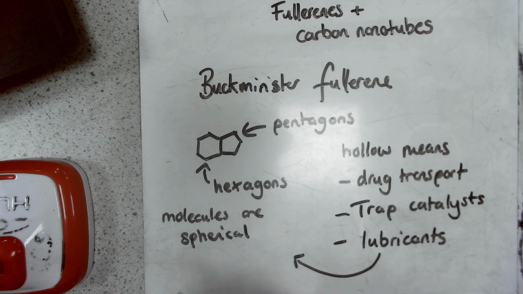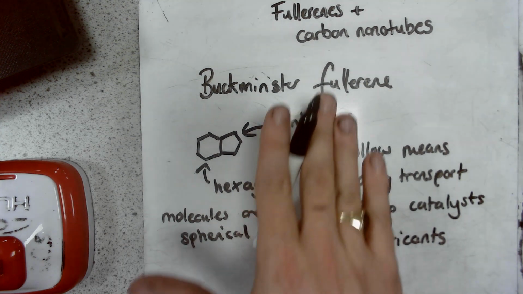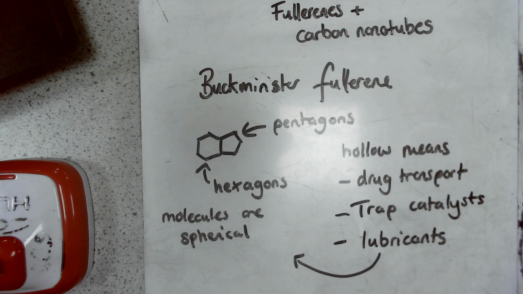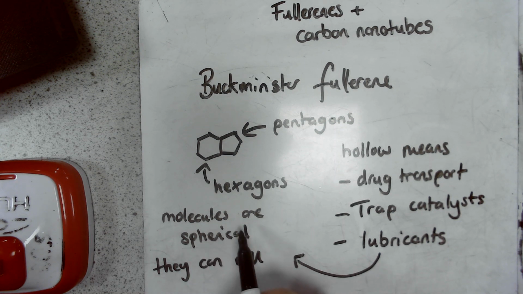Okay, so because they're spherical, they can quite literally roll along like that, and they're a really good lubricant because of it. Okay, so the molecules are spherical, and that means they can roll. In a question, make sure that you are saying both bits to get the mark. Don't just say that molecules are spherical and expect the examiner to assume that means that they can roll. Tell them that. Okay, put both bits, get both of the marks.